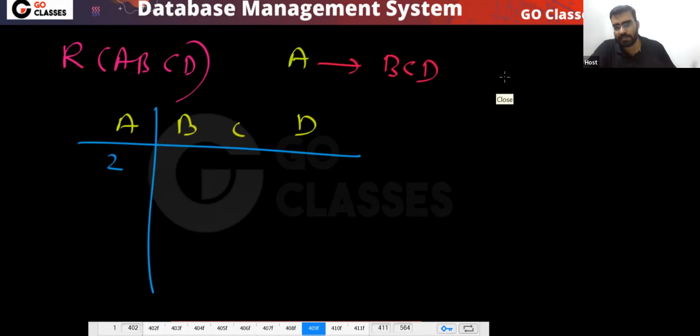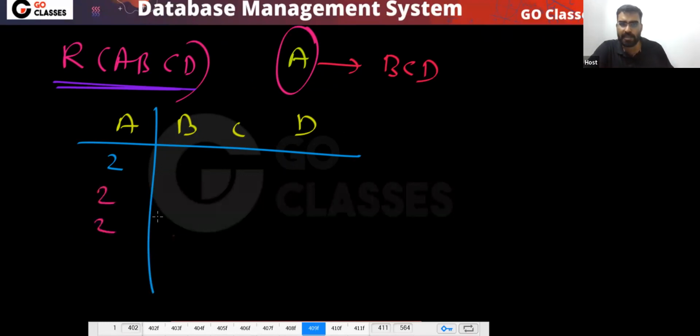It will not repeat. That is the point of a super key. In BCNF, what is the point of a super key? So it cannot repeat. Super key cannot repeat.